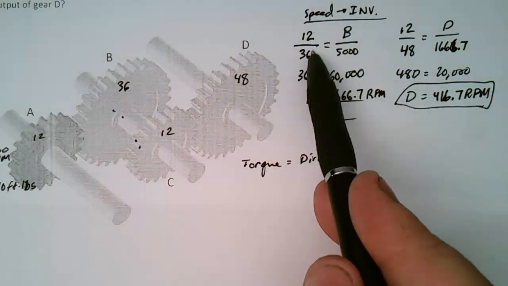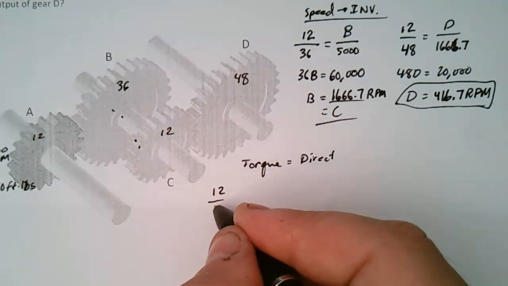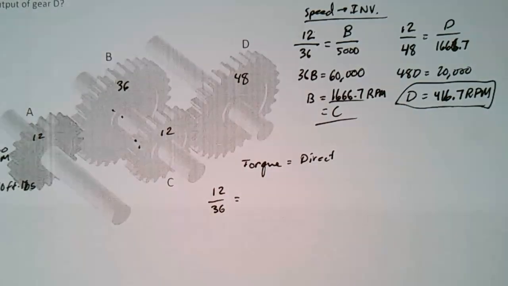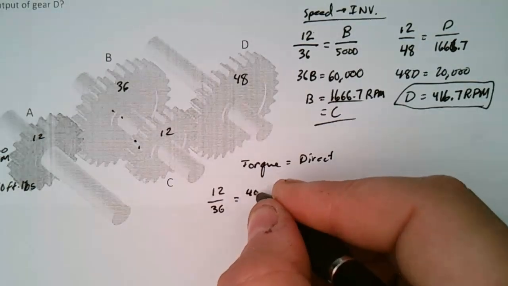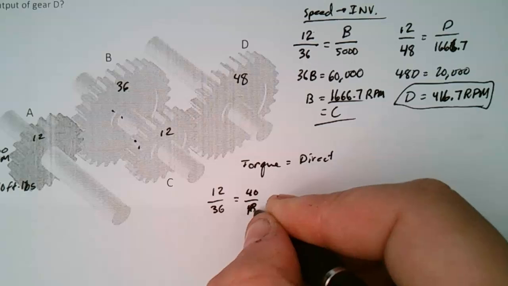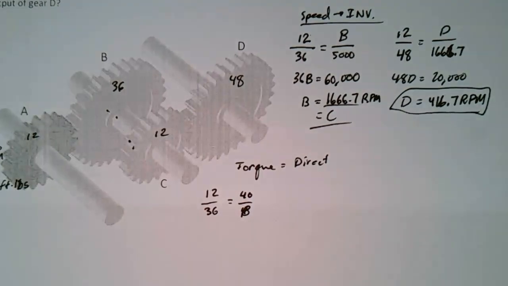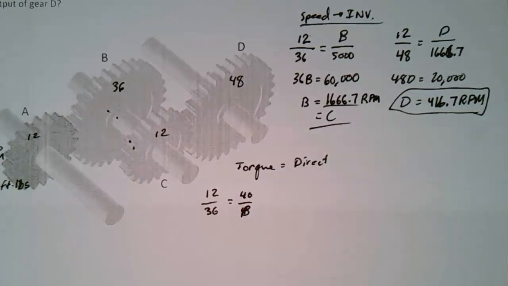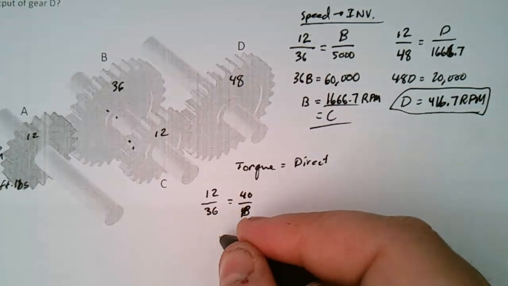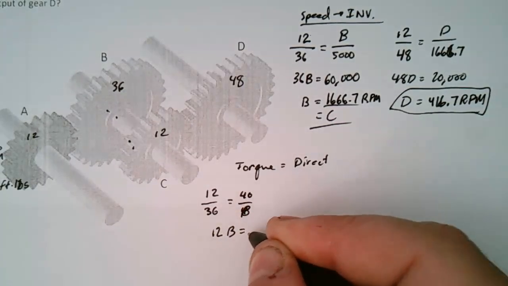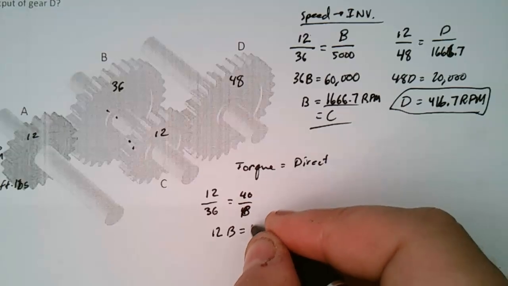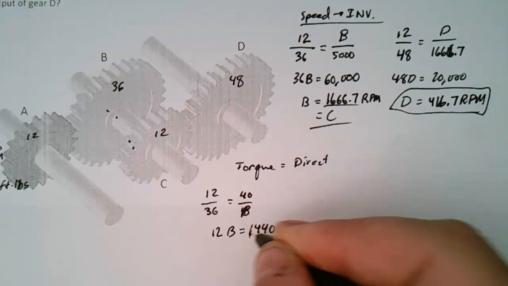We're going to go A over B, but this time we're going to say A over B equals A over B, which will be 40 over B, right? Because they told me the torque was 40 foot-pounds. So now, given that, we're going to cross multiply, and we get 12B equals 1440.